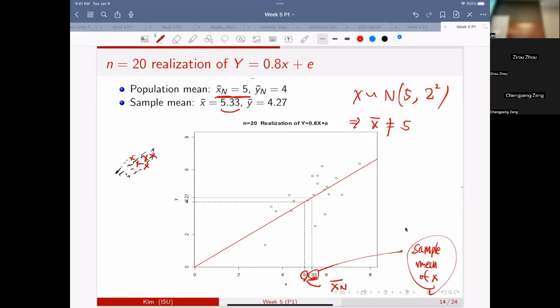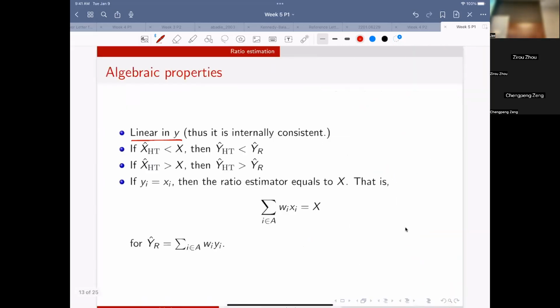That means it's better to downweight the sample, because I know that they are large. That is basically the idea. So X bar N divided by X bar sample is 5 divided by 5.33, which means I'm going to downweight. That is basically what this is about.